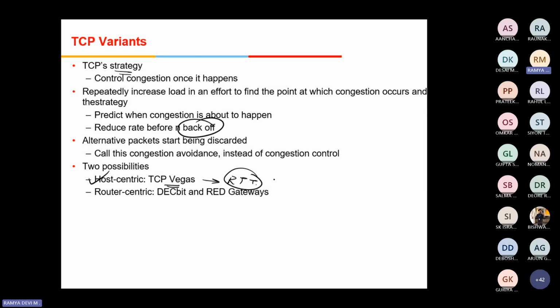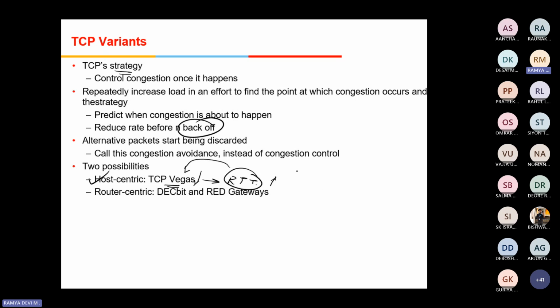If the RTT increases, it indicates the queue sizes are growing in the network. In the meanwhile, Vegas will reduce the sending rate before the packet loss happens. By seeing the RTT itself, it identifies that we are putting further load on the buffers and the routers.